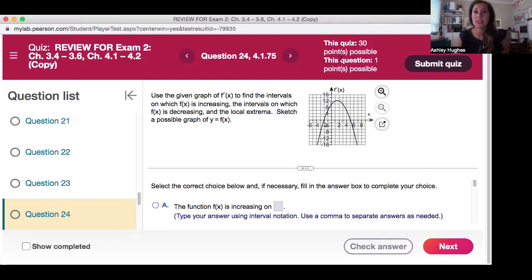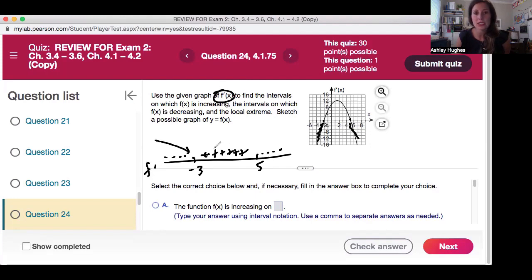Okay, this is different. This is f prime. So now we're going backwards. The zeros of f prime are where the maxes and mins are of the original function. So at -3 and at 5, I have zeros. And the derivative is negative here, below the x-axis. And it's negative here. And it's positive here, because this is looking at f prime. So that means the original function is decreasing, then increasing, then decreasing, because the original function is a cubic since this is a parabola.